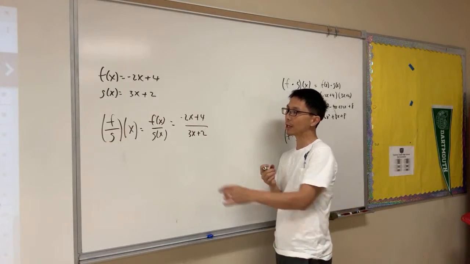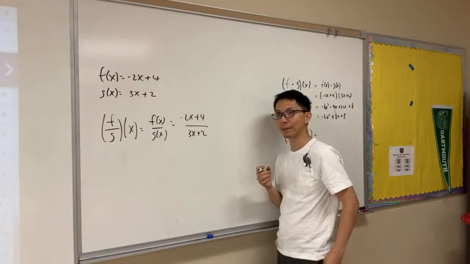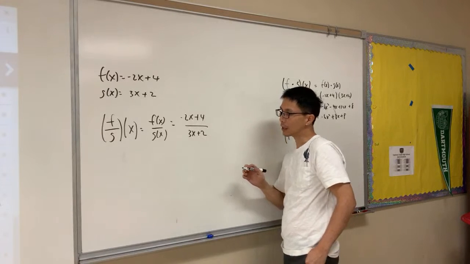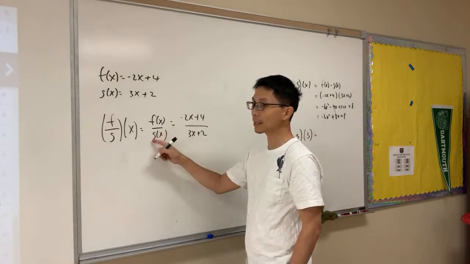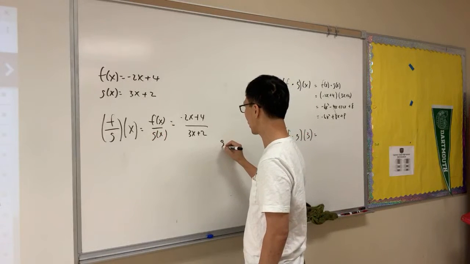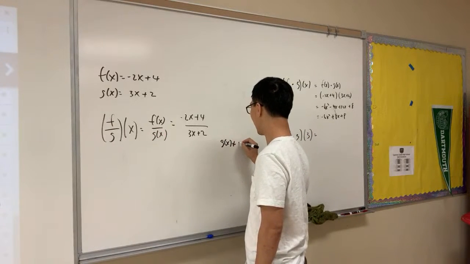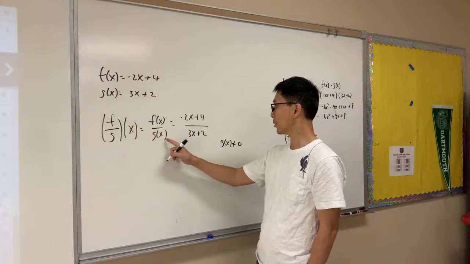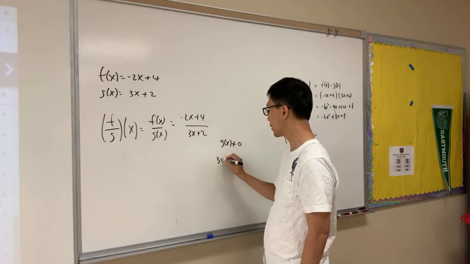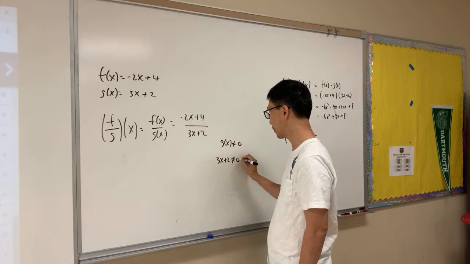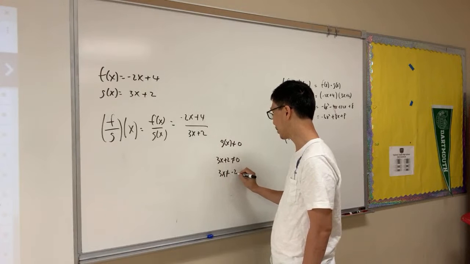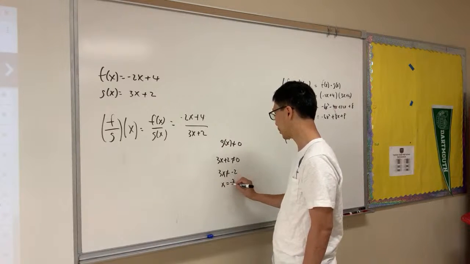However, this is the part that you have to pay attention to: the denominator. In pre-calc, we're going to be very picky about those details. This detail says g of x cannot equal 0. Those are restrictions. So here, 3x plus 2 cannot equal 0, and then 3x cannot equal negative 2, so x cannot equal negative 2 over 3.